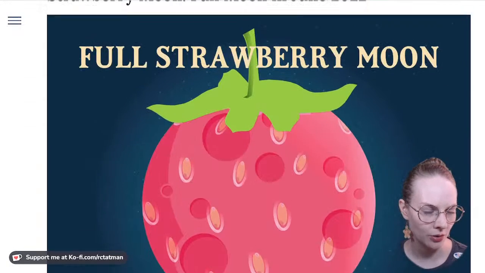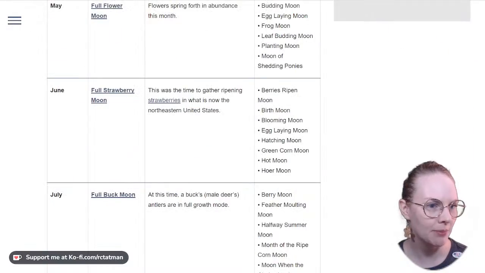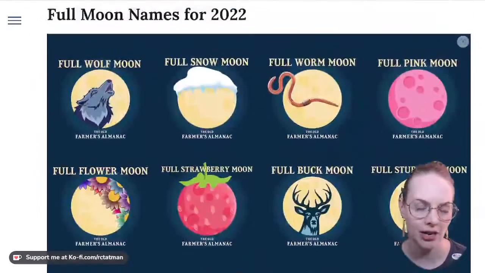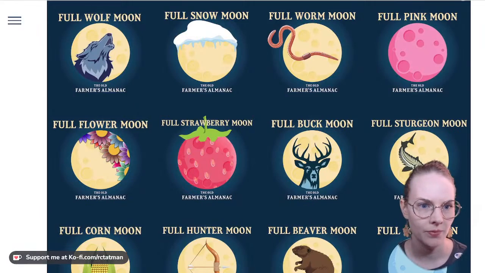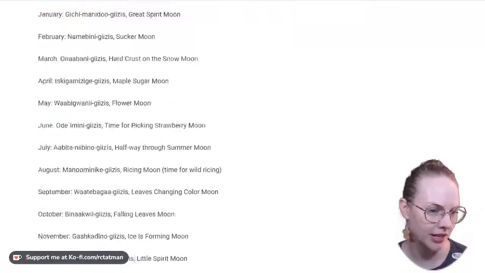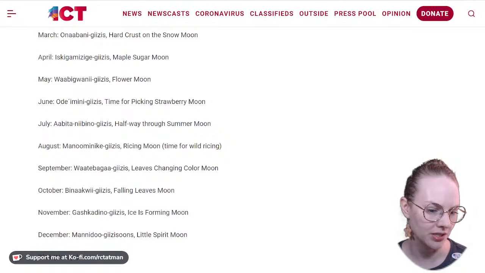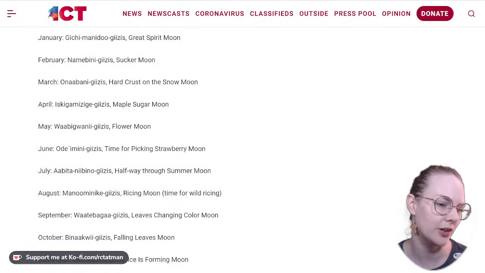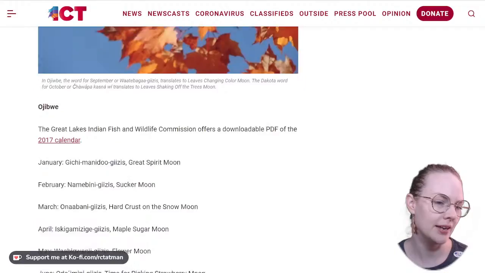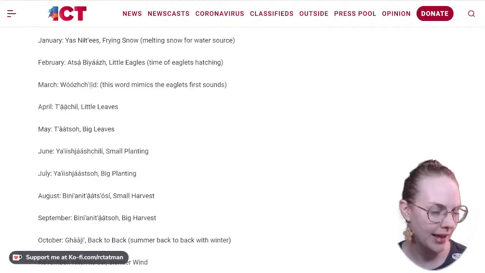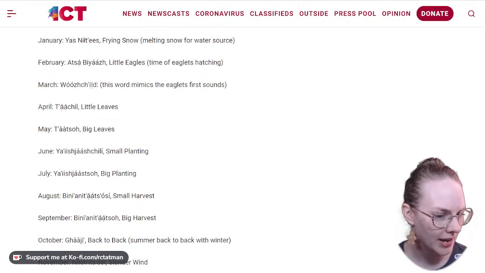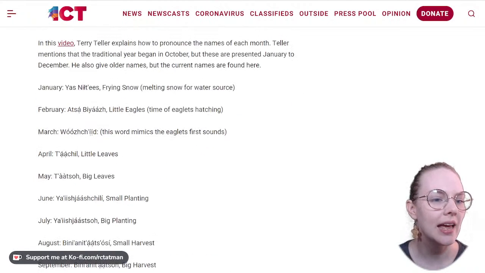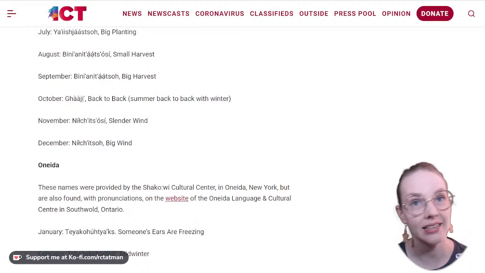And looking at the names that they had, I would say some of these do seem to match this primary source, right? So Strawberry Moon occurred in a lot of these cross-linguistic naming traditions. June moon for the Ojibwe; in the Navajo moon names, none. I guess that makes sense.